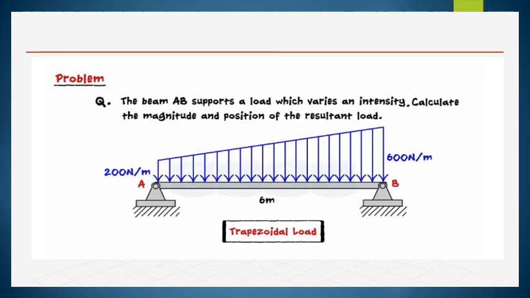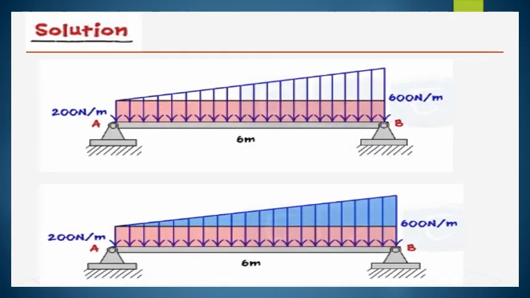To calculate the total intensity, we have to divide this into two areas. One is the rectangular area of intensity 200. Another represents the triangular loading of intensity 600 minus 200.